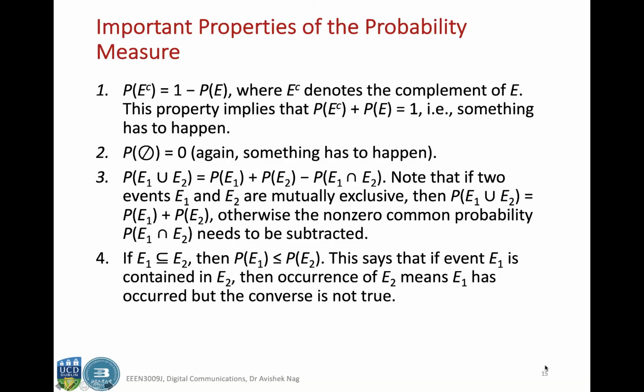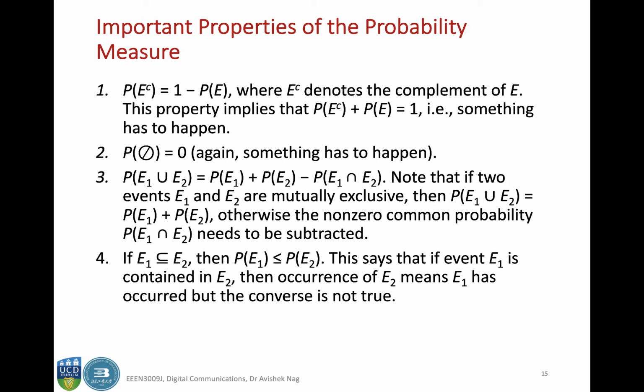So we have this property 3, and I have explained just now how this is happening. You can extend this for any number of events, E1, E2, E3, E4, E5, and you can find out the relationship by drawing a diagram as I just showed. For 2 events, this is the relationship. For 3 events, this will be different, and that will directly come from the diagrammatic representation of those events.